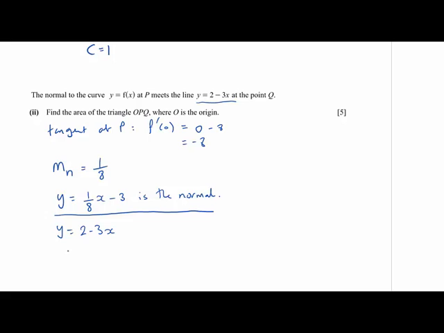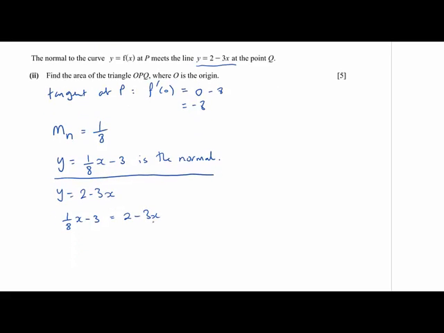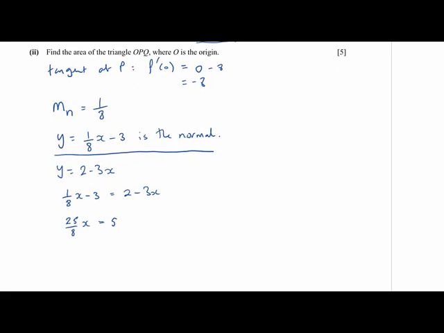So what we're going to have here is 1/8 x take away 3 is equal to 2 minus 3x. So 1/8, and of course 3 is 24/8. So if we bring that over, we're going to have 25 over 8 x equals 5. So x is going to be 8 times 5, which is 40, divided by 25.